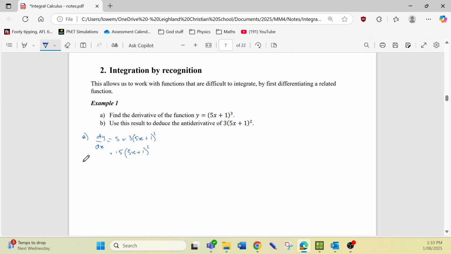Notice that we are then looking at part B, which says use this result to deduce the antiderivative of this one here, which you can see is very similar. The only difference here is a factor of 5.